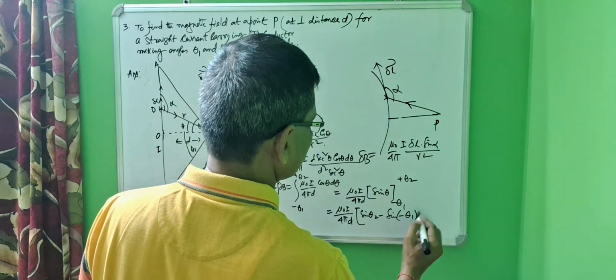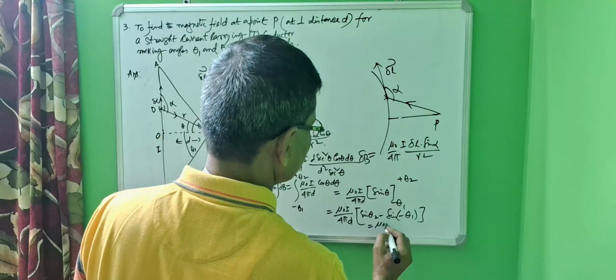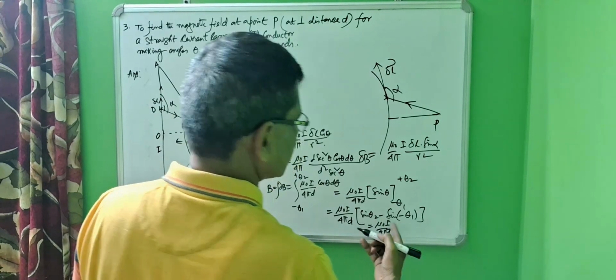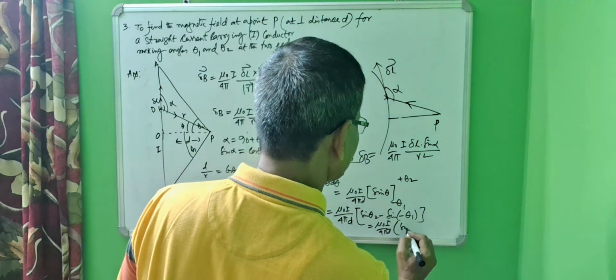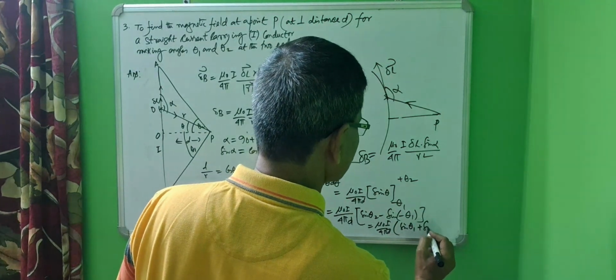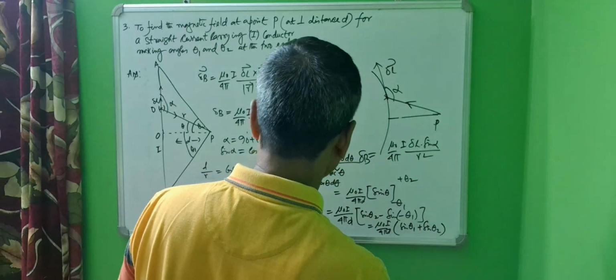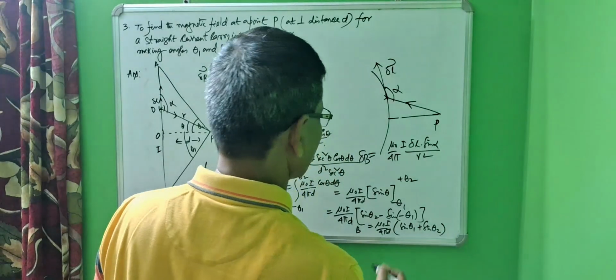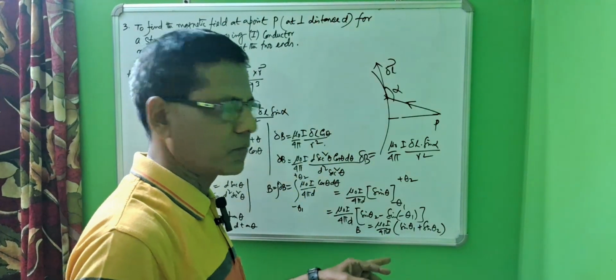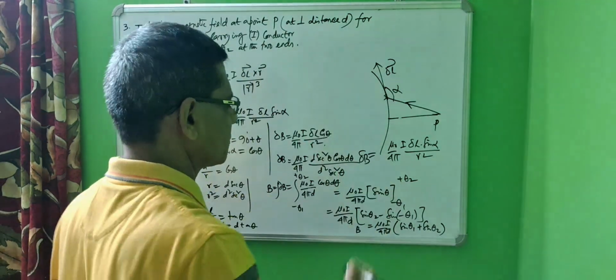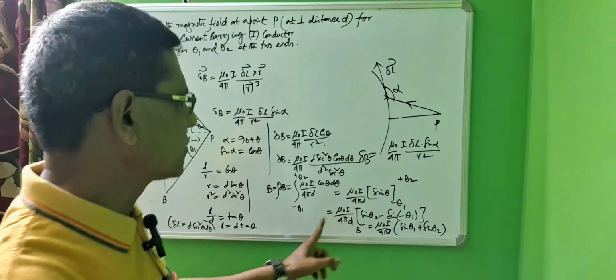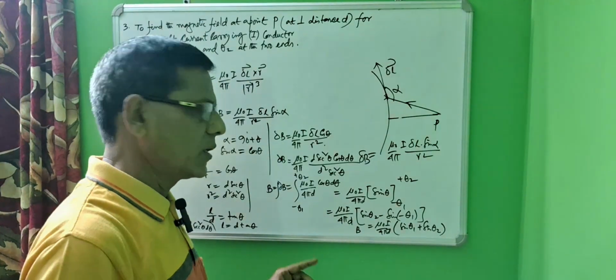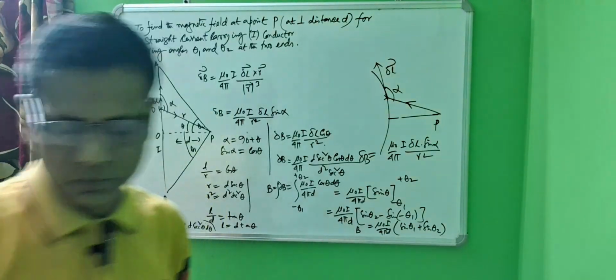Sin of minus theta 1 equals minus sin theta 1, so minus is a plus, so ultimately we get sin theta 1 plus sin theta 2. This is B in the scalar form. So the previous problem, this was used, which is now deduced in a very lucid manner.